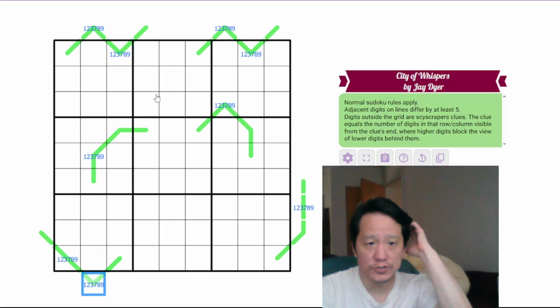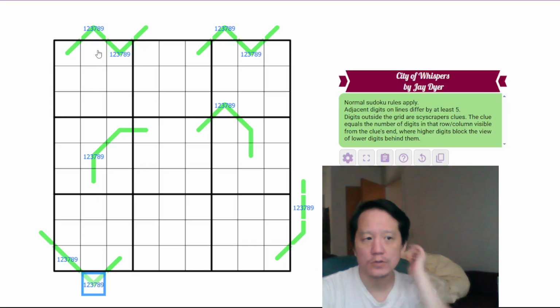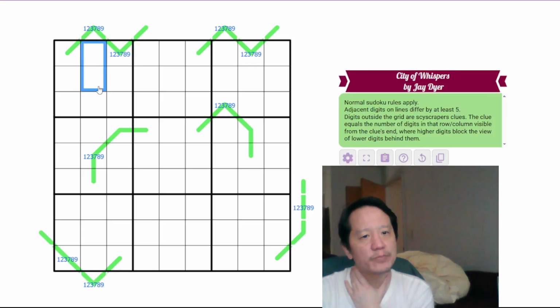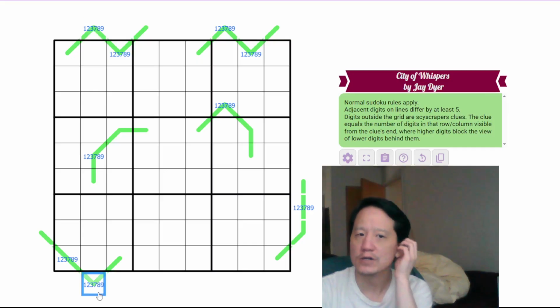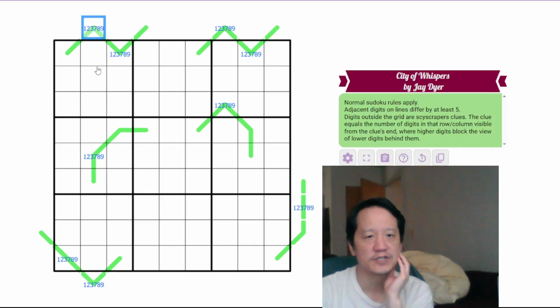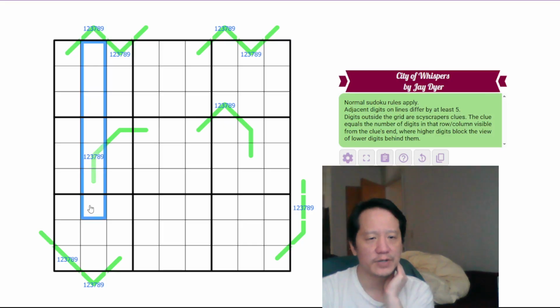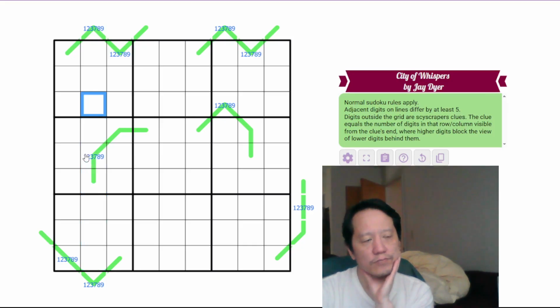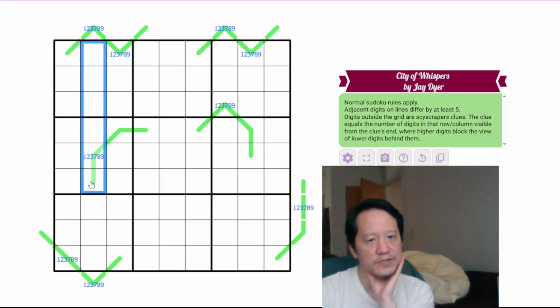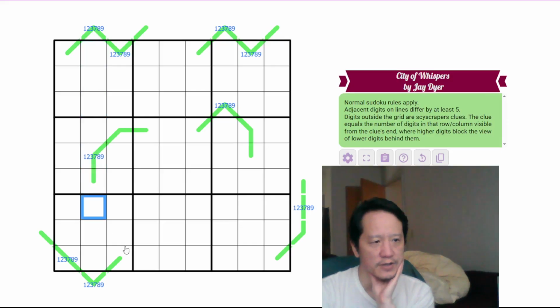Oh, this is interesting. This cannot be both. So if this is high, this has to be a low, right? If this sees 7 digits, that means you're not going to see that many digits this way, right? If you see 7 digits this way, that means all of 5, 6 of these are going to be lower than the digit here, which is the last one.